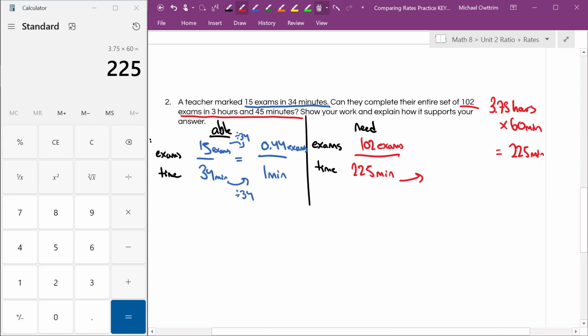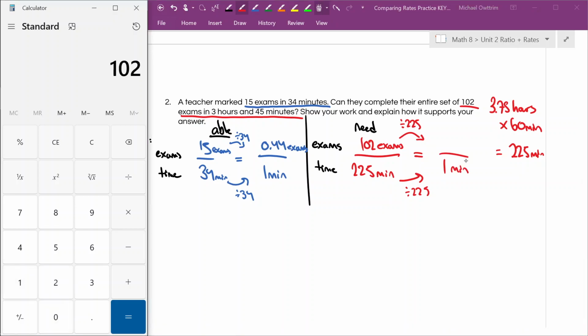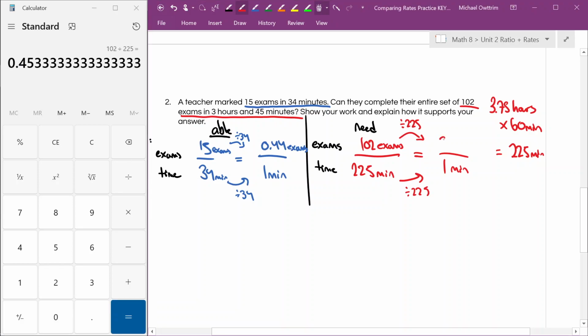And again, we'll make our unit rate by dividing by the number on the bottom, which is 225. Get our 1 minute on the bottom over here, and 102 divided by 225 gives us 0.45.